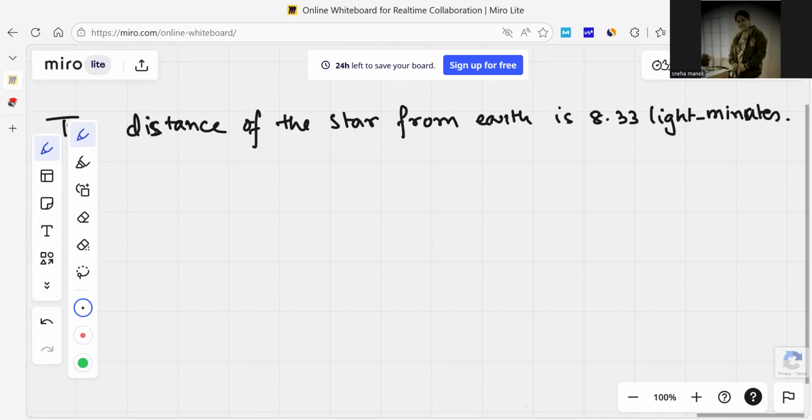So we can write it takes 8.33 minutes for light to reach the Earth.